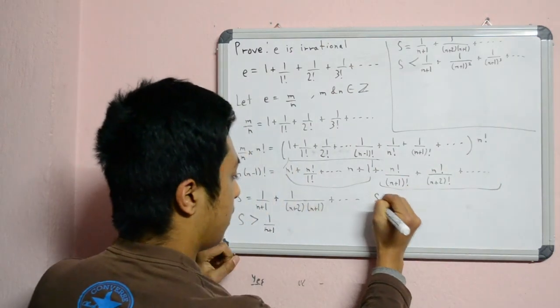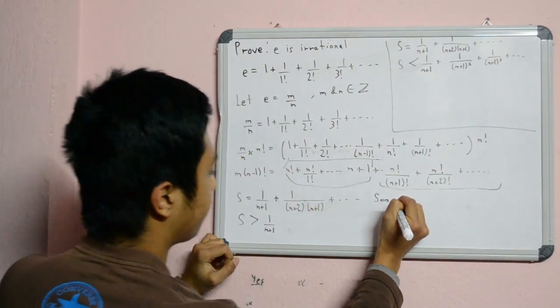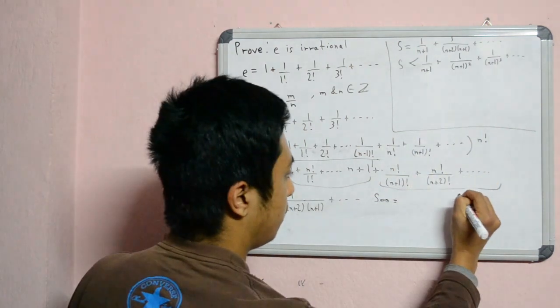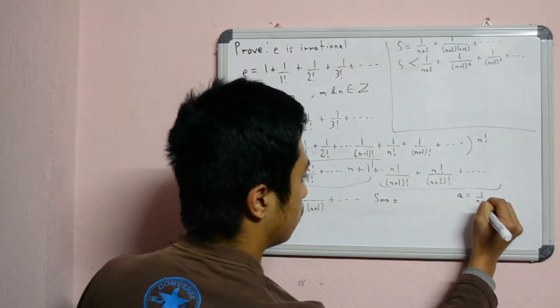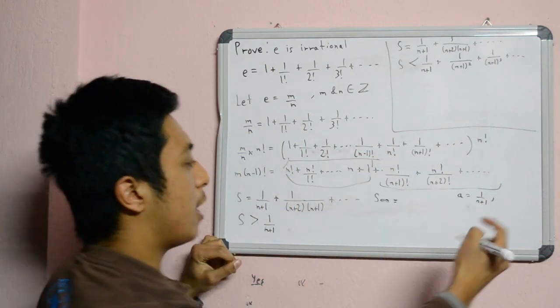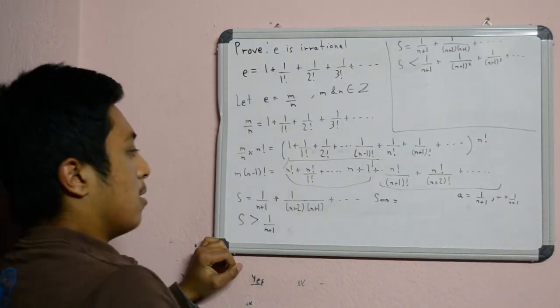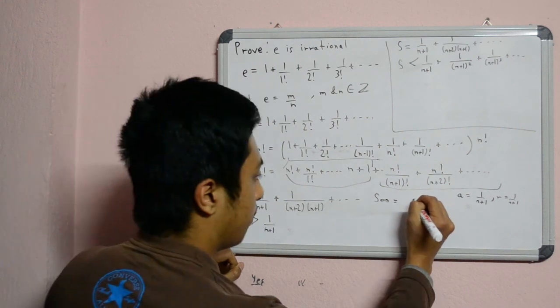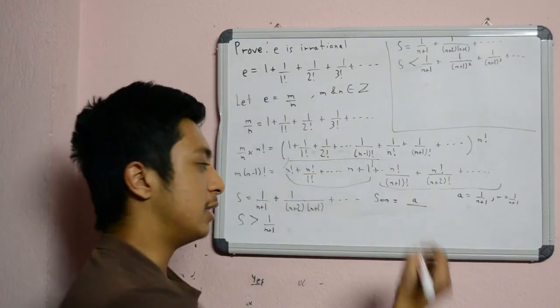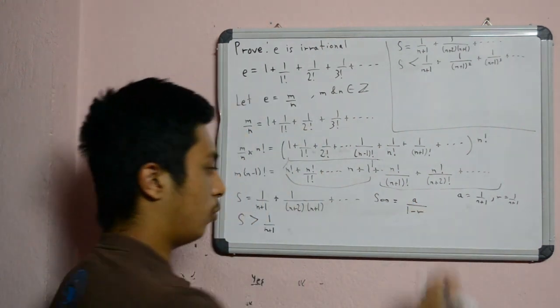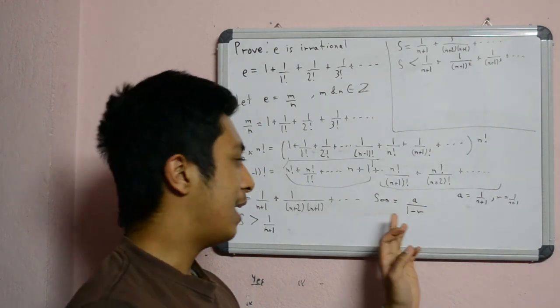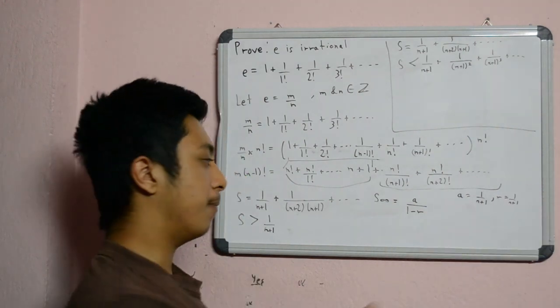So we need to figure out what this sum over here is. So as infinity, well, our first term, let's call that a, is 1 by n plus 1, and the common ratio, as I said earlier, will also be 1 by n plus 1. So the sum of infinite terms of a geometric series is a by 1 minus r, and let's just put the value in.